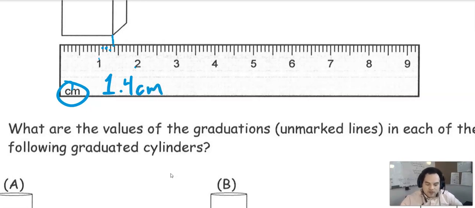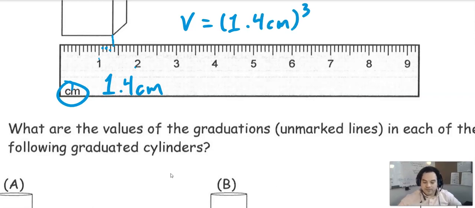So to find the volume, that will equal 1.4 centimeters cubed. And I can't do that math in my head. Well, maybe because I can't, but mostly because I don't want to.